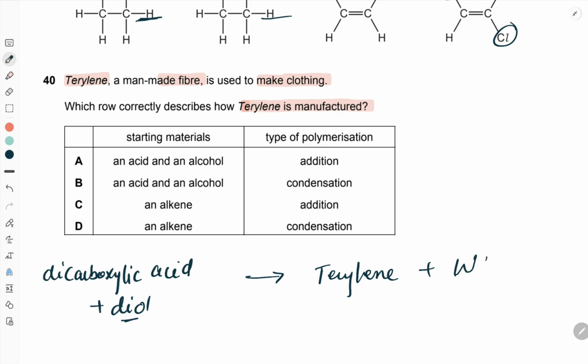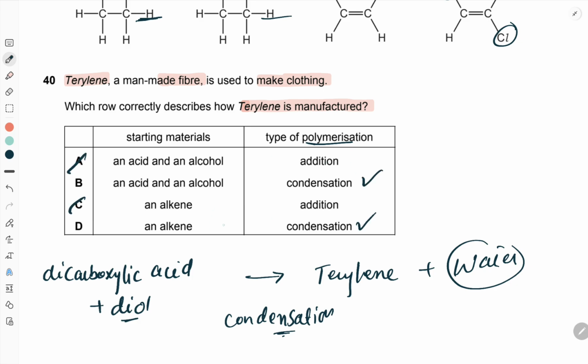Terylene and water are produced. The reaction is condensation because water is produced, right? So the type of polymerization is condensation. It is condensation, and the starting materials would be an acid and an alcohol. For B, all entries are true, which means B is the correct answer.